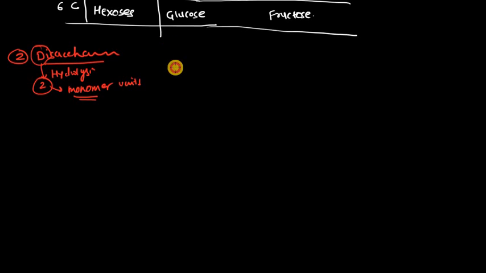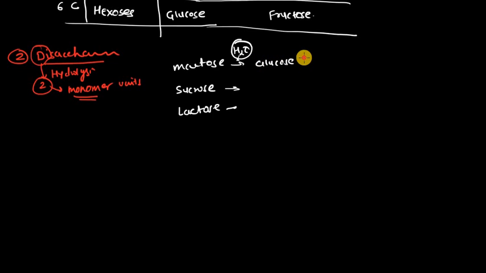There is maltose, sucrose, and lactose. If you hydrolyze them, maltose gives two molecules of glucose.